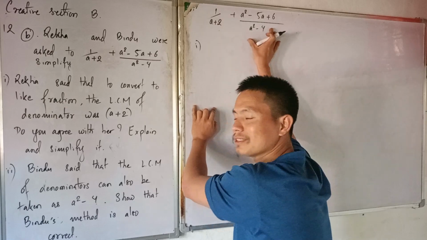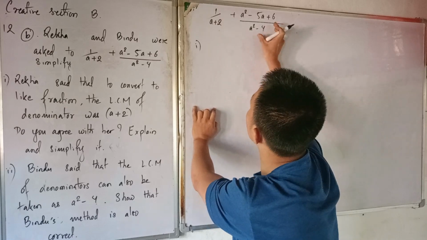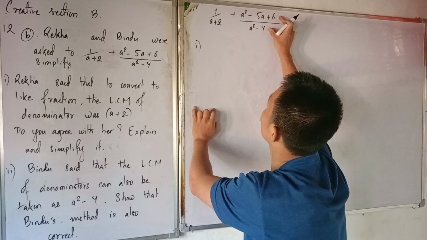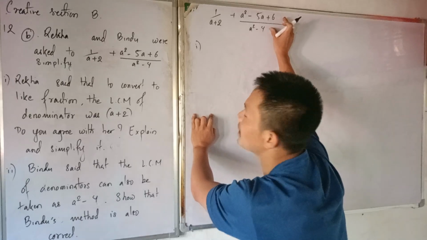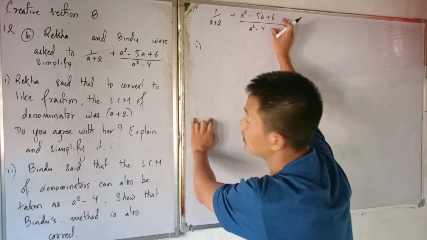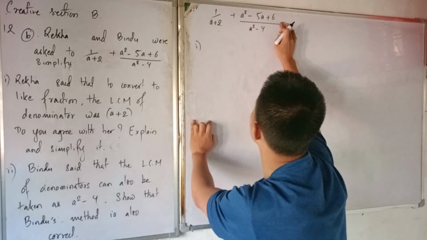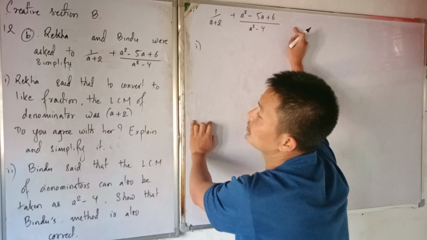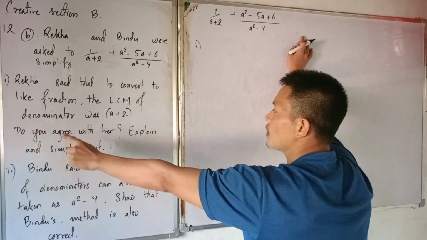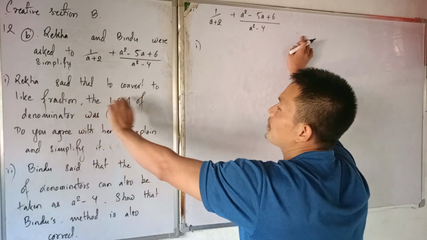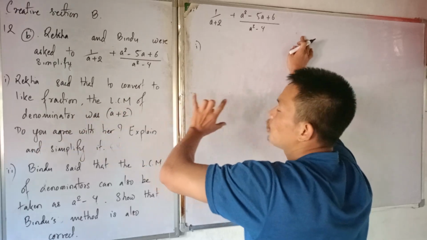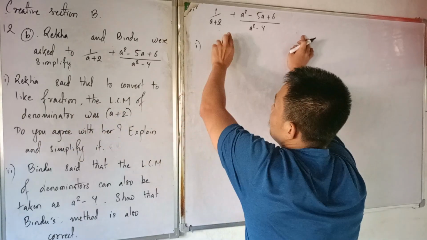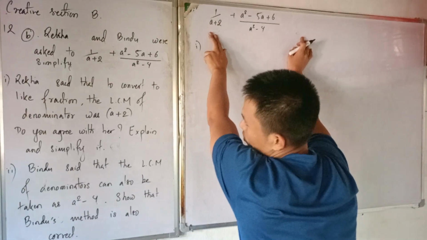Now you can reduce this into simplest form, and the result will be in like fractions. So to convert into like fractions first, the LCM will be a plus 2.